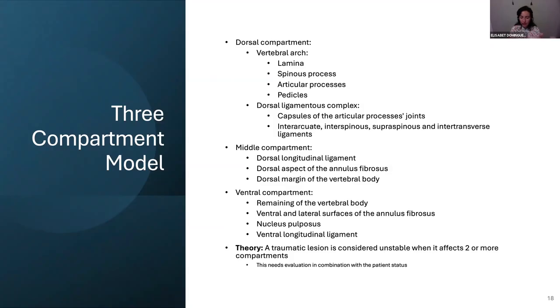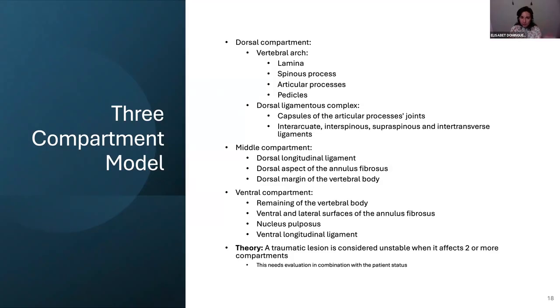So we will assess the alignment of the vertebrae, and we will try to describe the type of fractures, if they are transverse, oblique, compression fractures, comminuted fractures, the degree of displacement, and all the same things that we use for long bones.